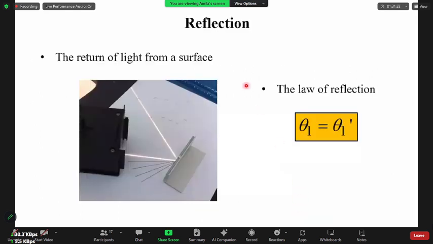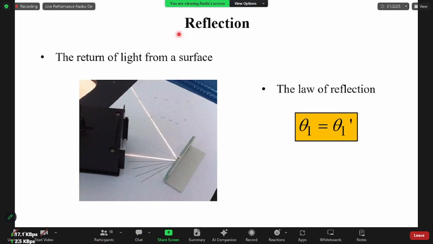Reflection is the return of light from a surface. So light will come back. First the light meets some boundary, and after that it comes back to the same medium. We call it reflection.